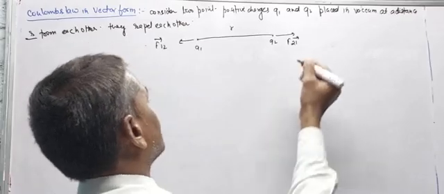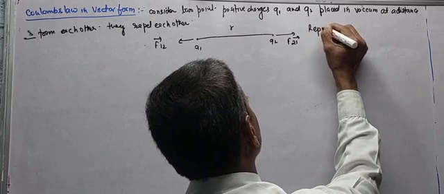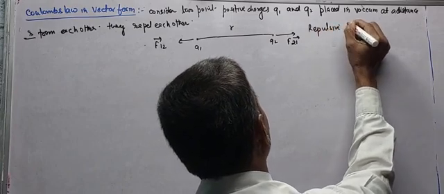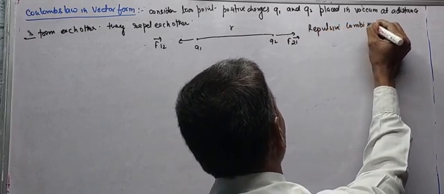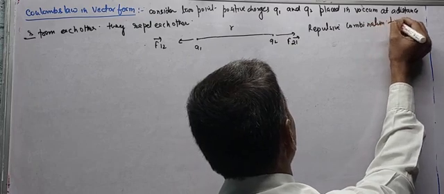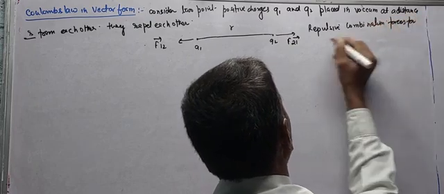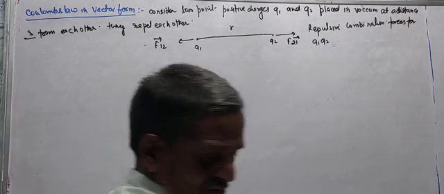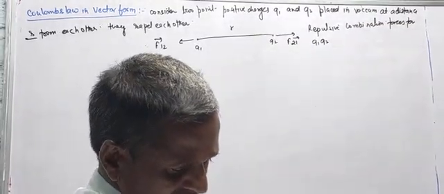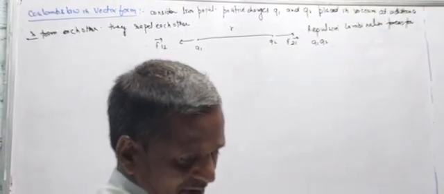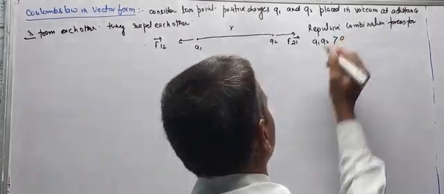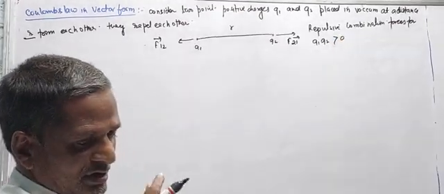For repulsive forces, Q1 into Q2 is greater than 0.